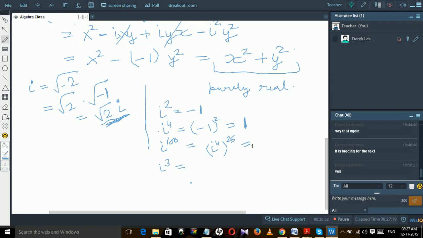And what is iota cube? Minus 1? Are you sure?